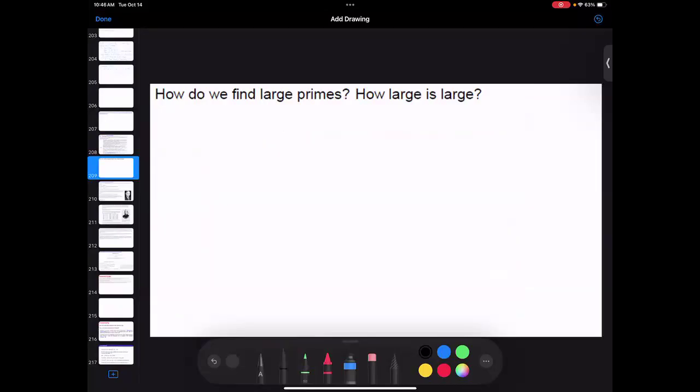All right, so how do we find large primes? How large is large? We've actually talked a little bit about using Fermat's little theorem.